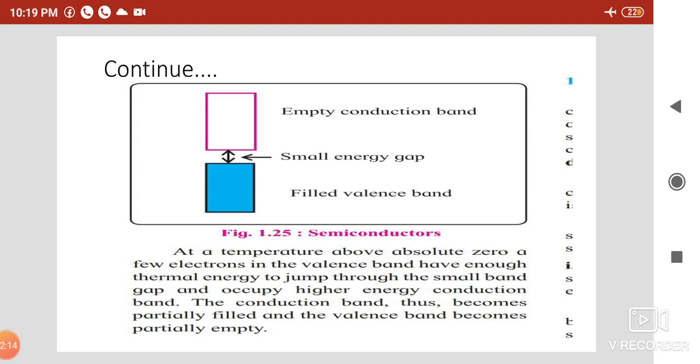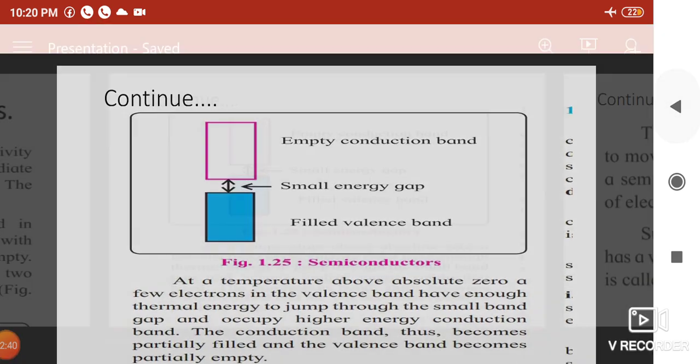As the temperature rises above absolute zero, a few electrons from the valence band jump to the conduction band, occupying some higher energy levels. Here the conduction band is partially filled while at the same time the valence band is partially empty.